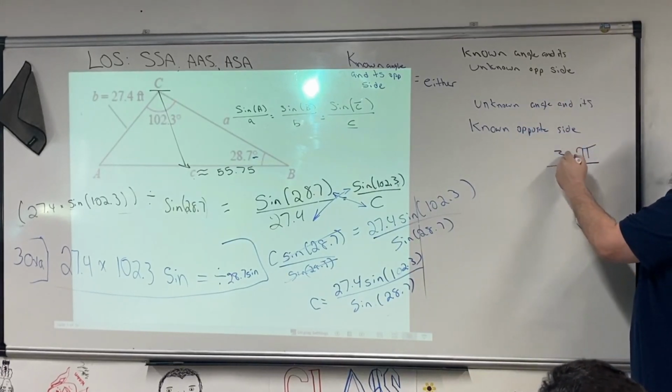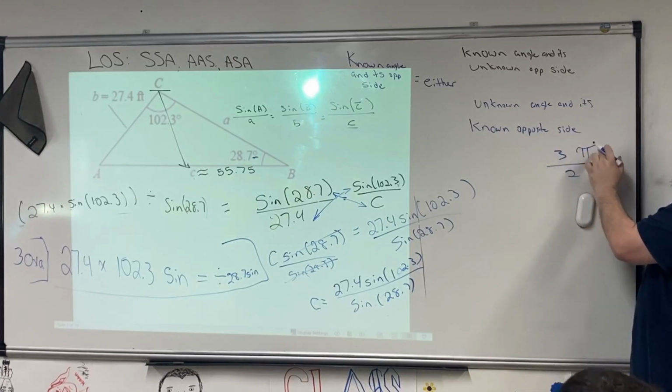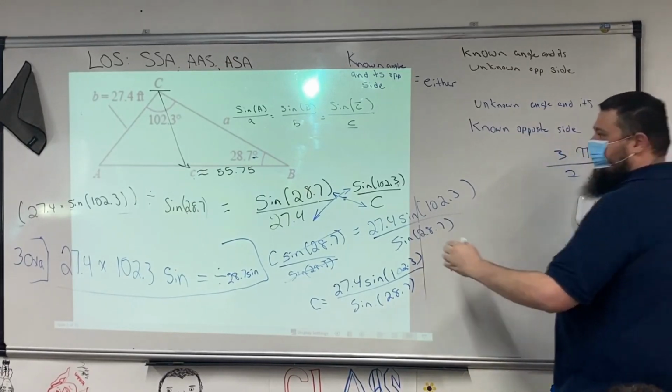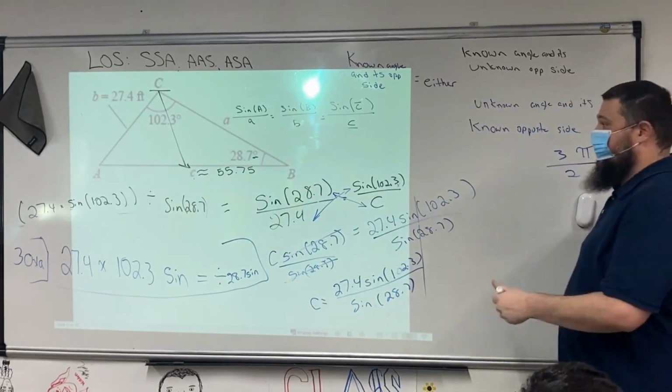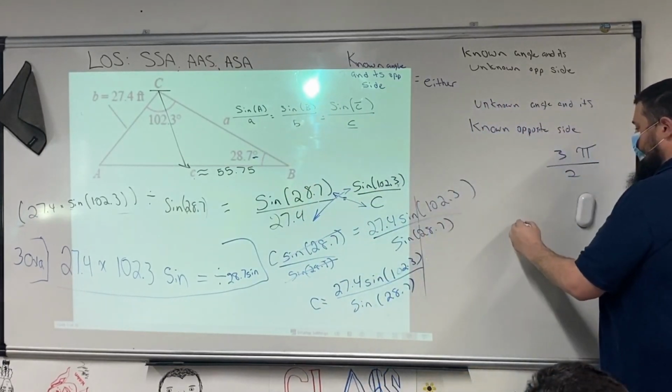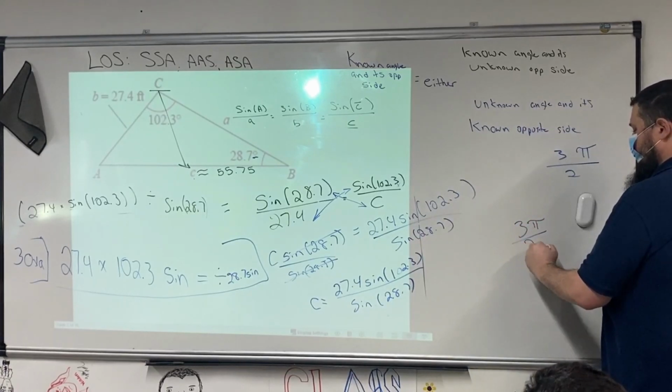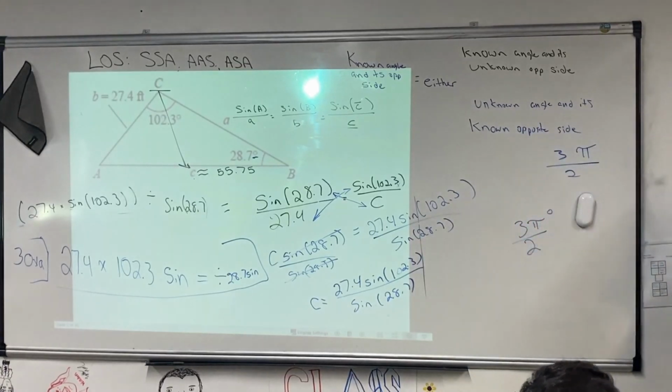It can be 3 pi halves. It doesn't matter. If there's a pi in it, be in radians. If you see this symbol, you're in degrees. I will not ever do this to you. Because technically then you're in degrees, but that's just a horrible thing to do to you. So that's how you know.